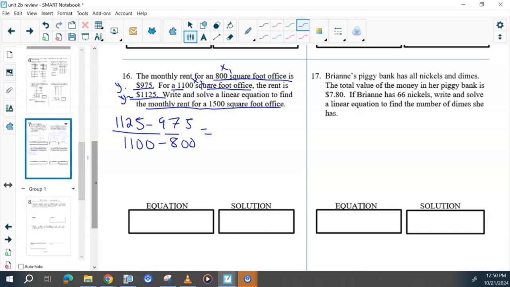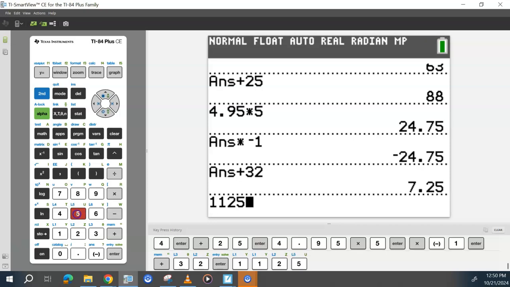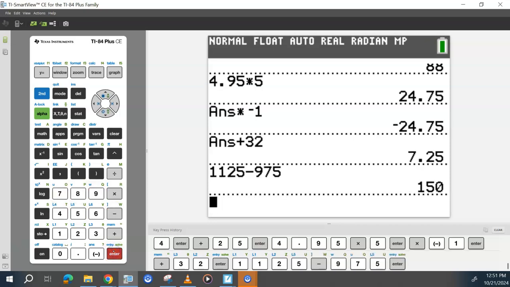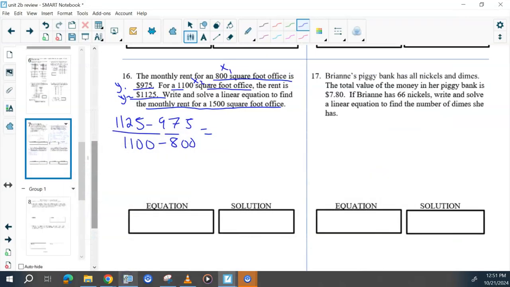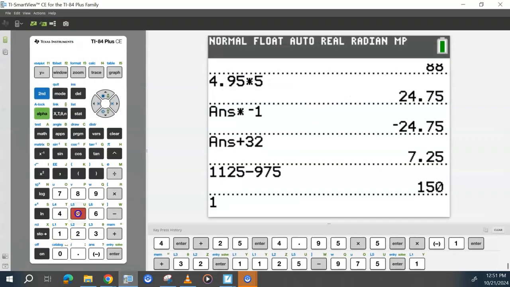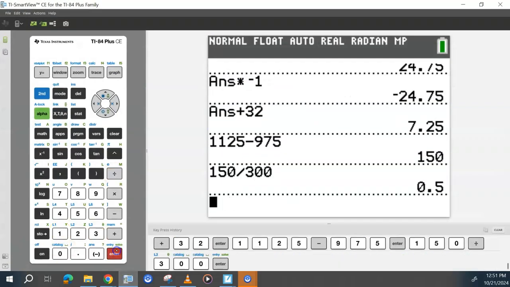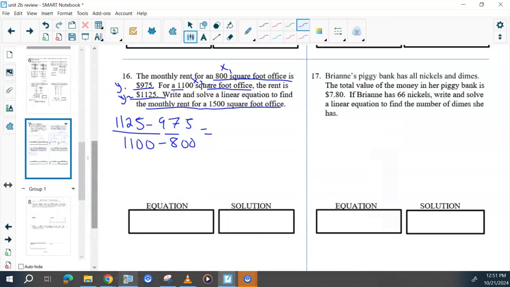And then we would subtract that. And that's 300. So it'd be 150 over 300, which is 0.5. So 0.5 or 1/2 is fine, either or.